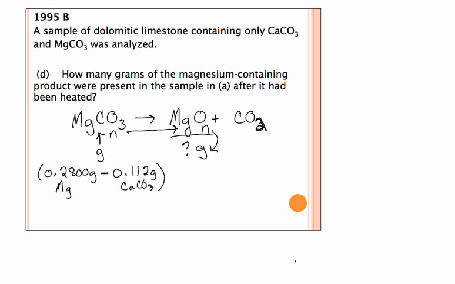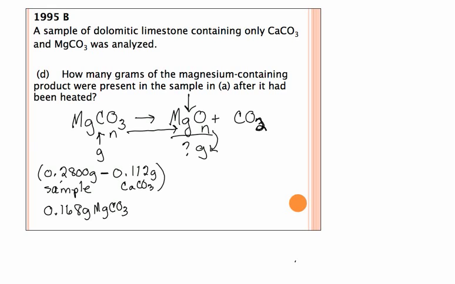Now, again, if you didn't get that previous one, assume an amount. This isn't the magnesium, this is actually our impure sample, sorry. So this is our sample amount. So now we know our mass of our magnesium carbonate. So we'd have 0.168 grams of magnesium carbonate.